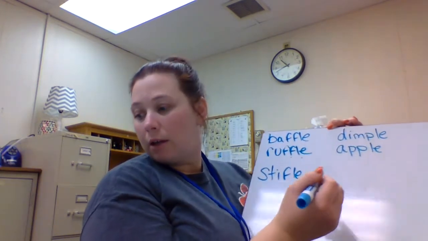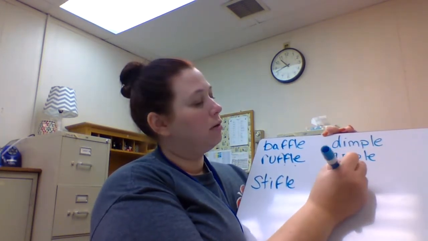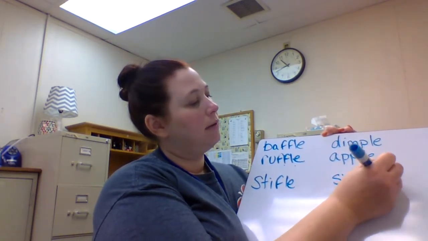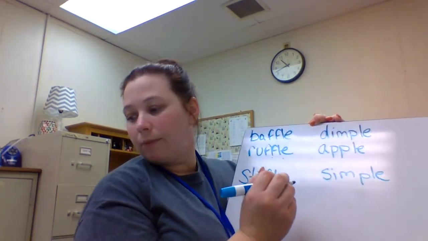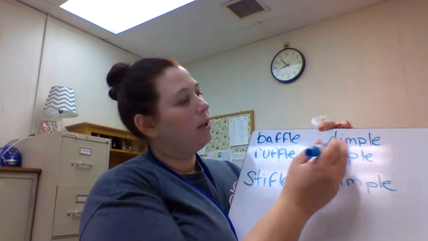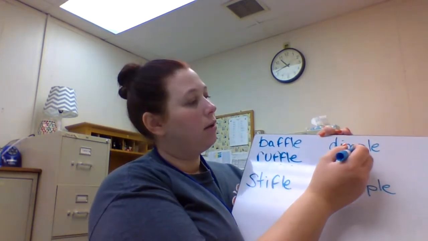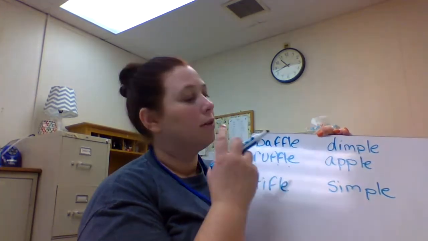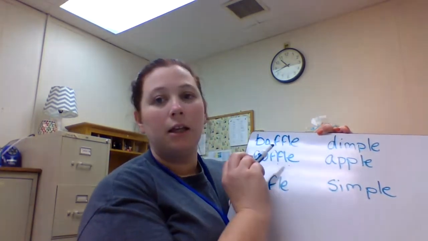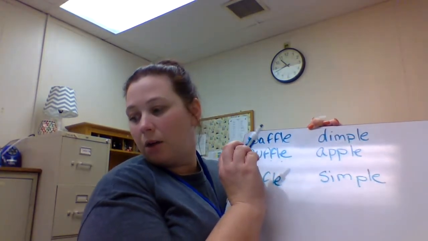And simple. You say simple. All right. Again, what are we hearing here? Here we're hearing the pull sound. And what letters are you seeing that make that pull sound? P-L-E.